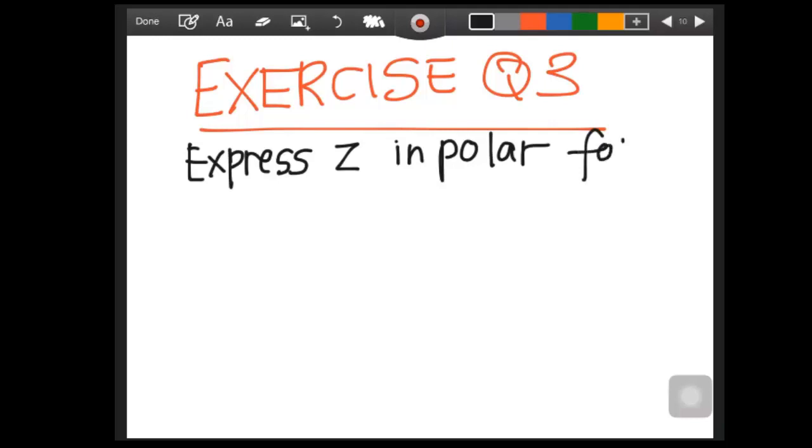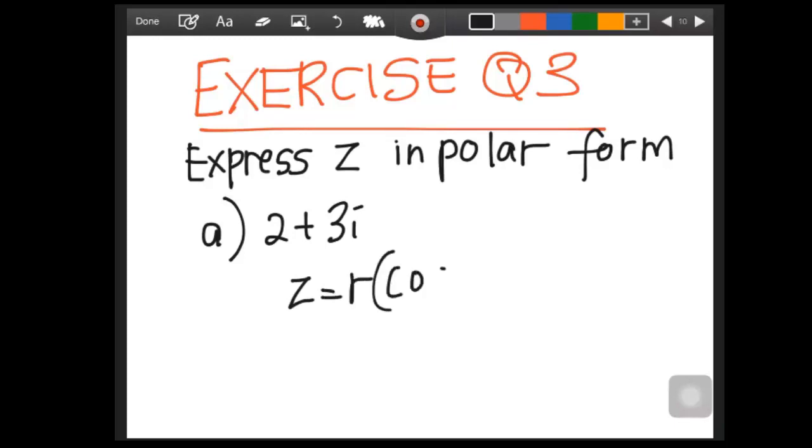Okay. So, dia suruh express Z in the polar form. So, katalah yang A tu dia kata 2 plus 3i. Okay. So, now kita nak dapatkan dia punya tu, kita kena tukarkan kepada r cos theta plus i sin theta.